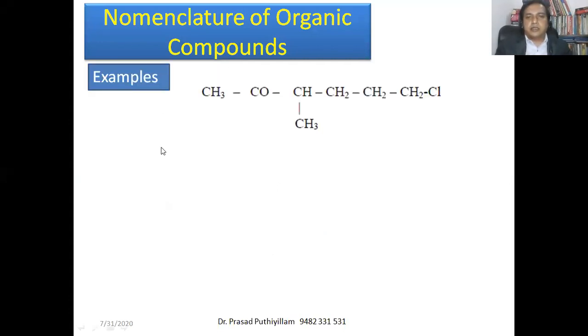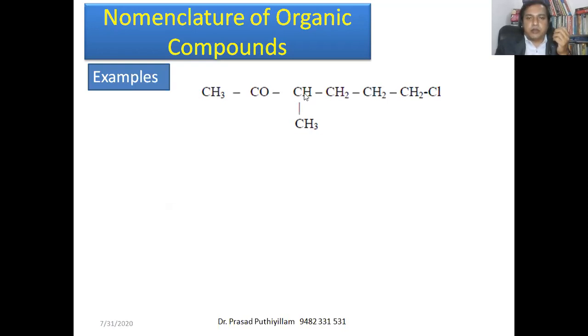Now another example is given. The molecule is given, so we have to give the name. This is 6-chloro. The chlorine atom is in the 6th position. The main functional group is a ketone here at first priority. Therefore we have to count 1, 2, 3, 4, 5, 6, and the 6th carbon atom has chlorine.